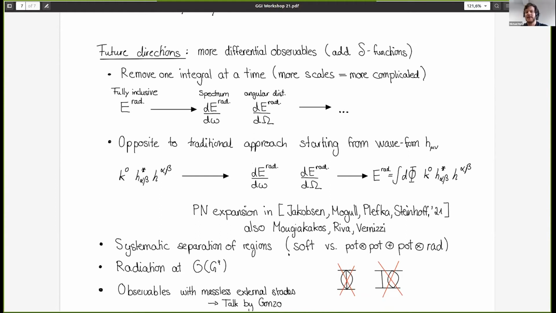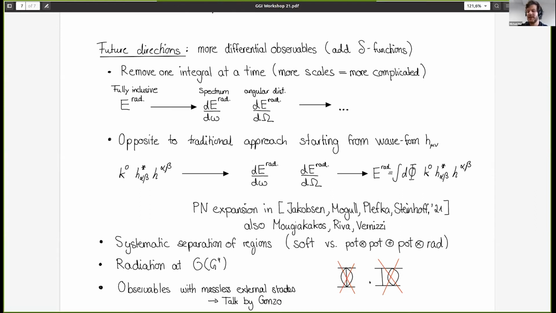Something that would be very nice for the future is to treat the regions a bit more seriously. Instead of using the soft region, we could go to the potential region and radiation region, so as to fully exclude the quantum region, which we would not expect to contribute.